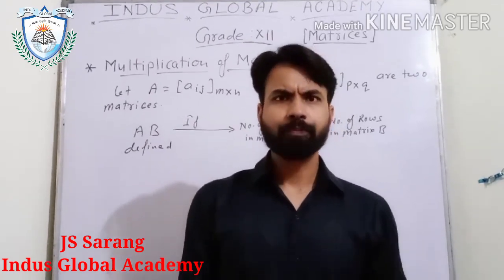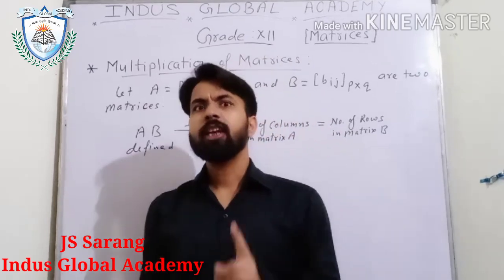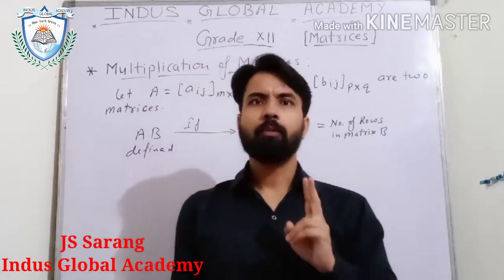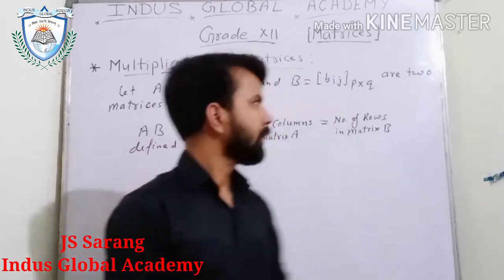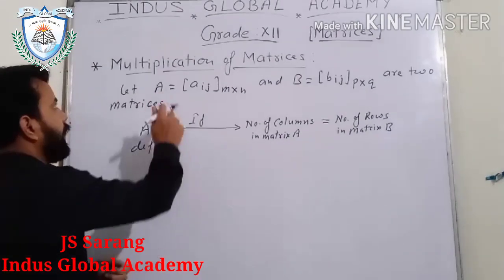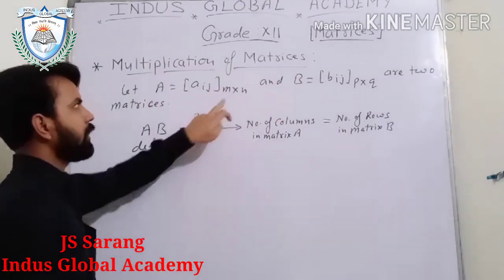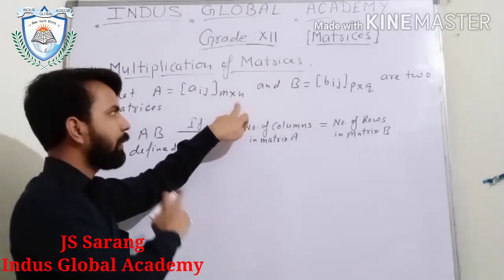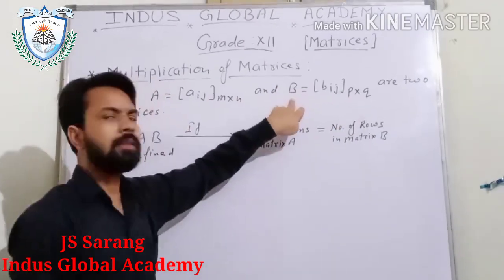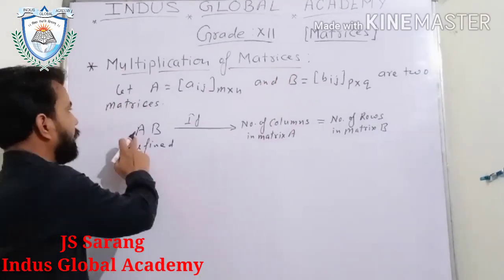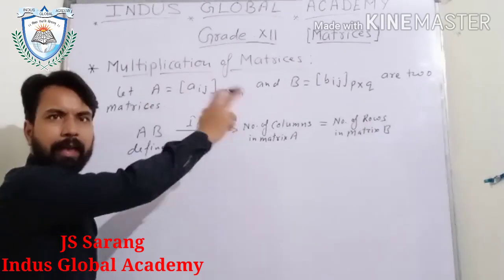Are you getting this? The multiplication of the matrices is possible when, see here, A and B are matrices of different orders. M by n is the order of the first matrix and p by q is the order of the second matrix. So AB means the product of A and B.